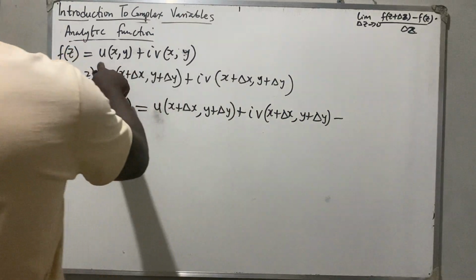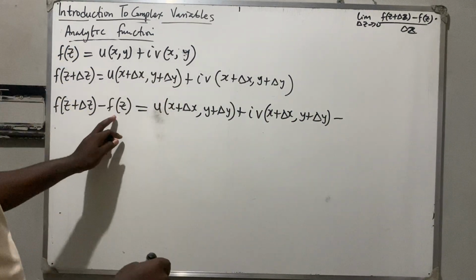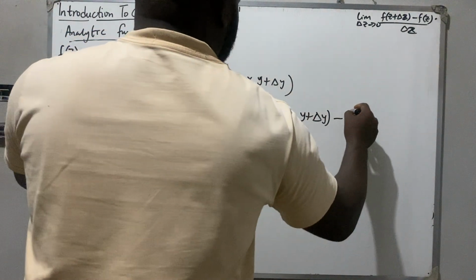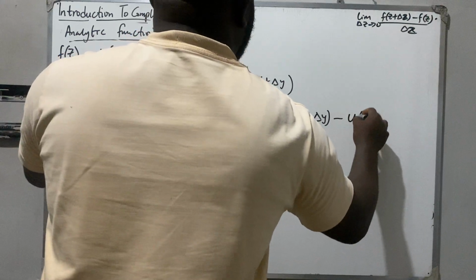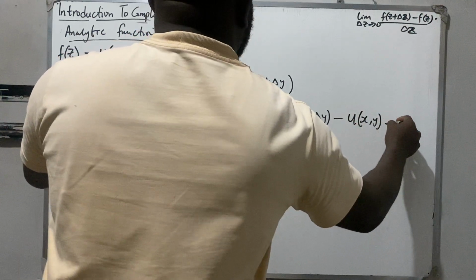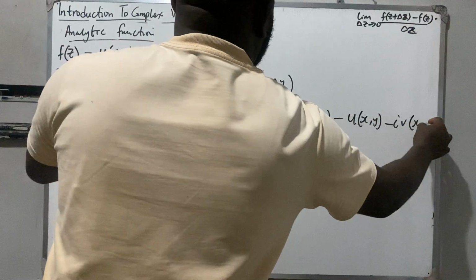Remember that f of z is the same thing as this, so instead of writing f of z here, let me write u of x comma y plus iv of x comma y.